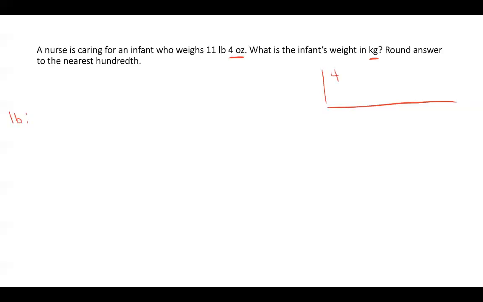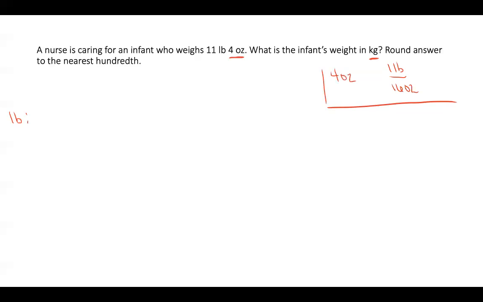So the only thing we need to convert is the 4 ounces. We also need our conversion from ounces to pounds, right? That was on that first page. So we know that 1 pound is equal to 16 ounces. Just like I showed you on the previous slide, I'm always going to write everything as a fraction.